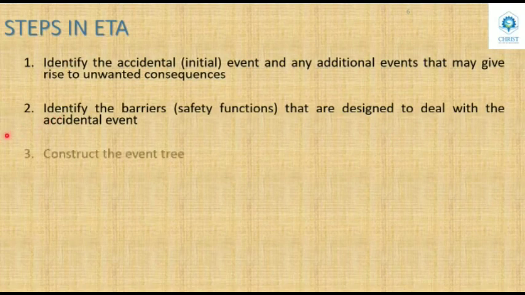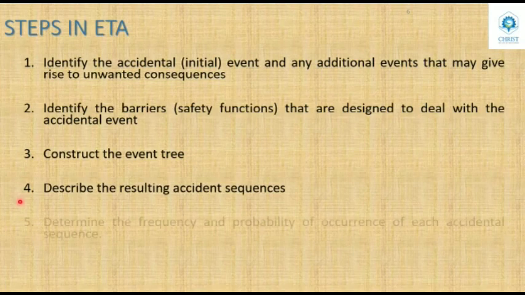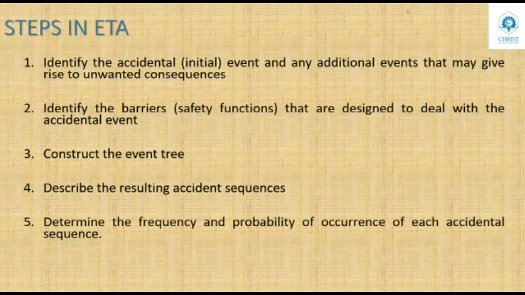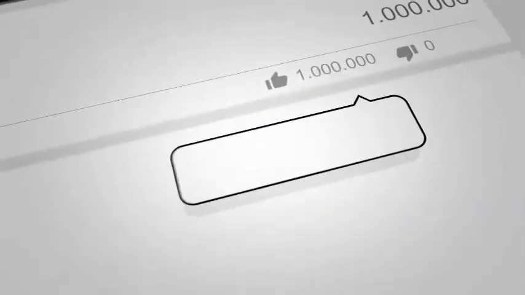Then construct the event tree as in the last slide, describe the resulting accidental sequences, and determine the frequency and probability of occurrence of each accidental sequence. Finally, compile and present the results from the analysis.